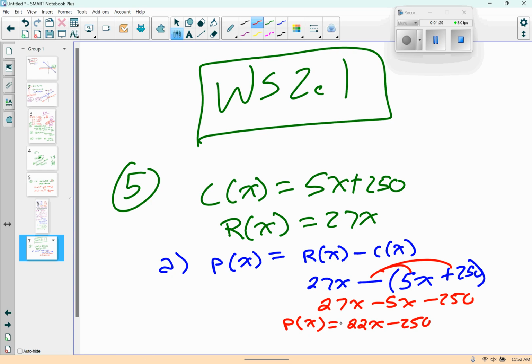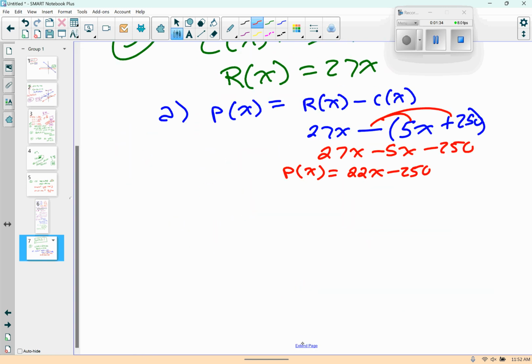So notice, because I'm subtracting two functions, the slope has actually changed. So what is the slope in this problem? The slope is now 22, which basically means you're making $22 for each one. 27 minus 5.